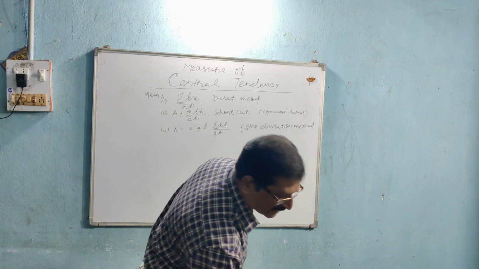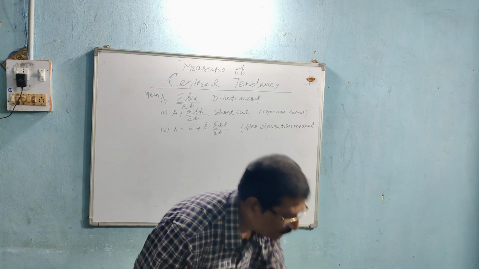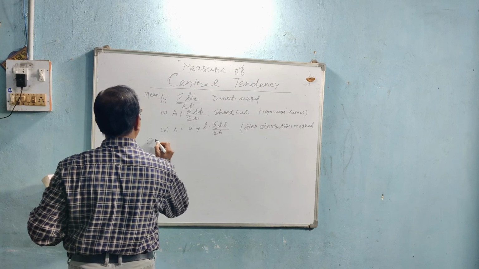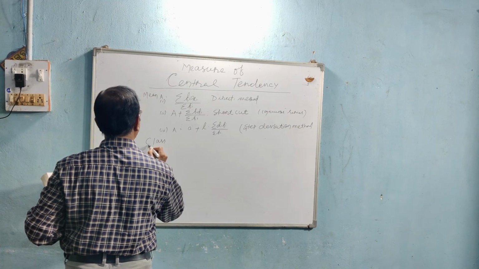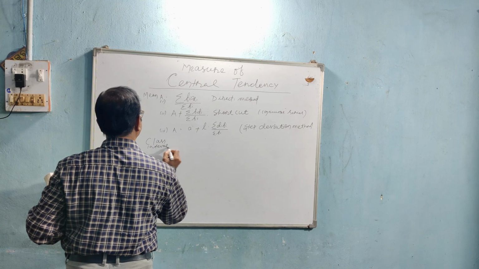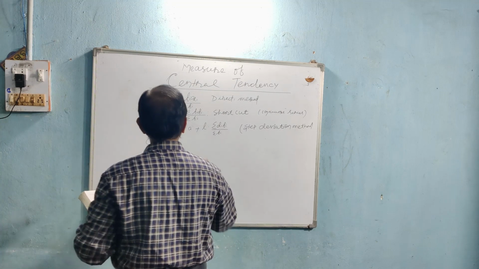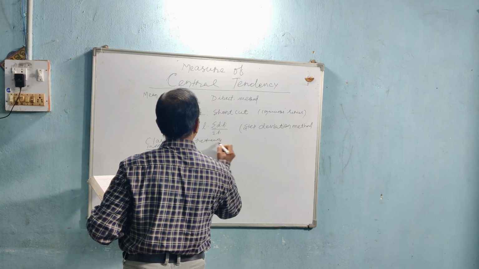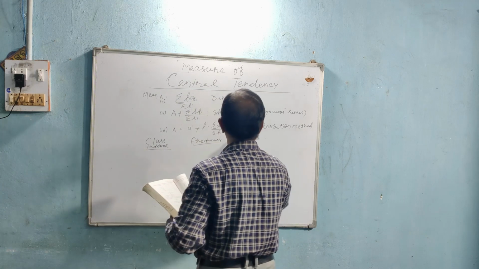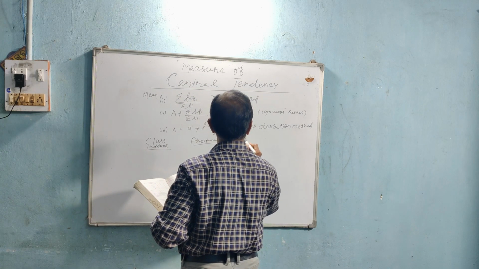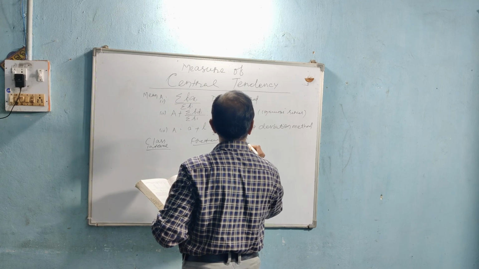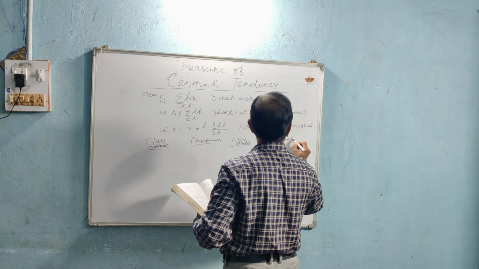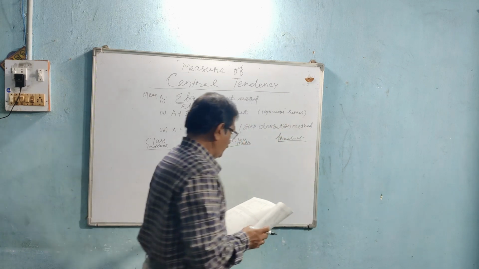I have taken one problem from your book. In this problem, first the class intervals are given, second the frequency, third the class mark, and fourth the product.